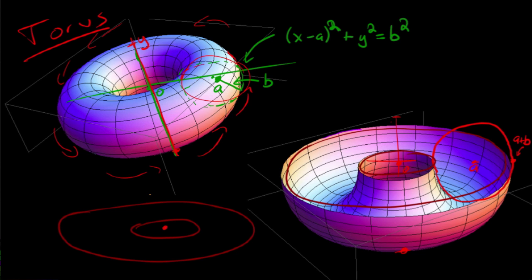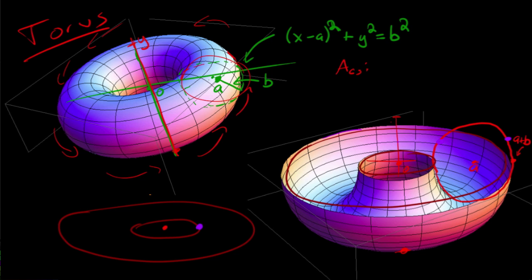So our task is to find the area of the cross section, which is what I drew right here. Let's assume this washer is located right here.